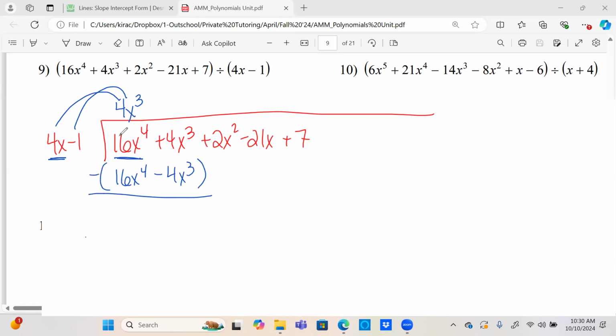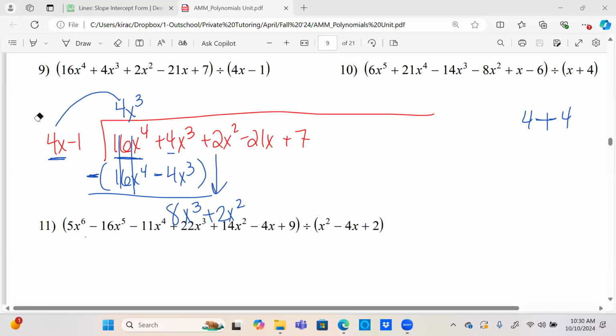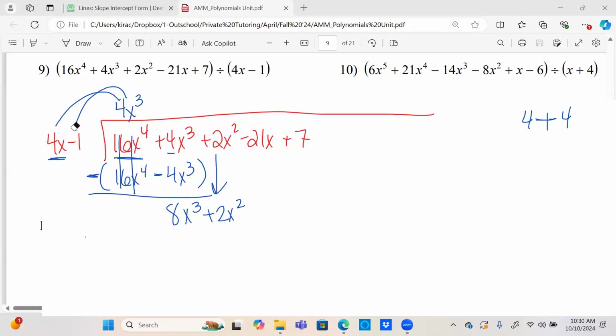Subtract straight down. First thing cancels. 4 minus negative 4. Come off to the side if you need to. That would turn to plus and be 8x cubed. Drop down. And then let's go again. Okay.